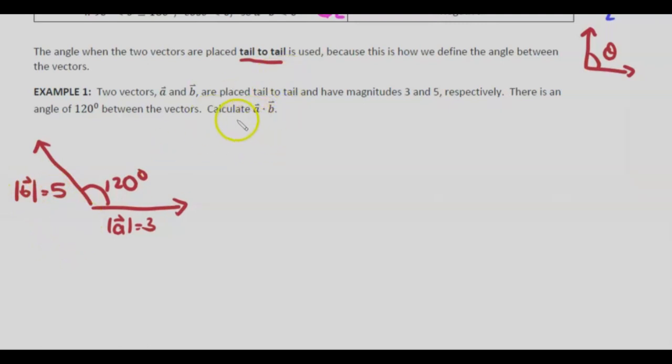The question says, calculate vector A dot vector B. Our equation is vector A dot vector B equals the magnitude of vector A times the magnitude of vector B times cos theta.